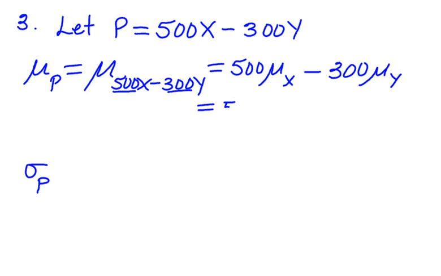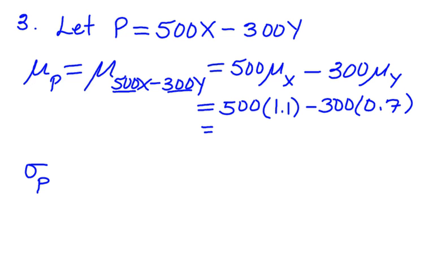So this becomes 500 times 1.1 minus 300 times 0.7. If you do some nice math on your calculator, you'll find that the difference is $340. So on average, we're going to get $340 more in bonus for cars sold than leased.